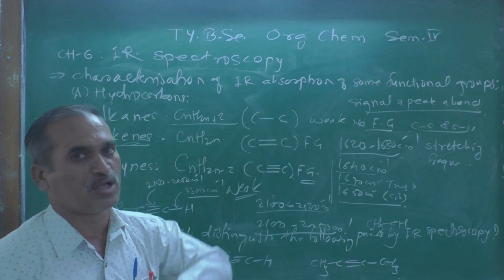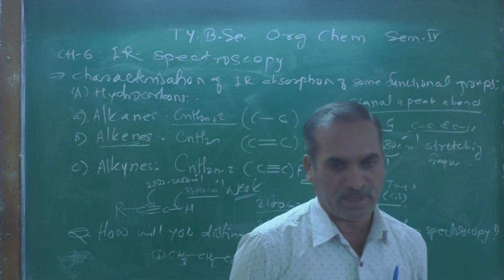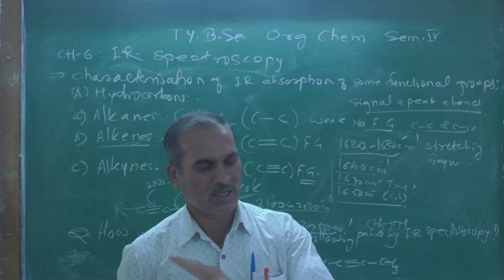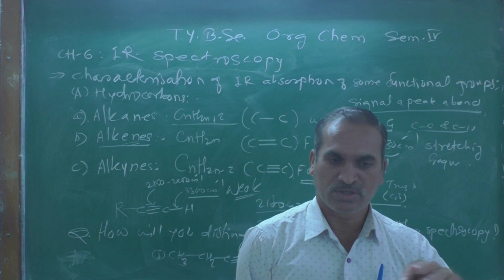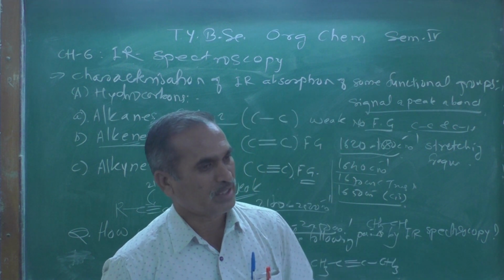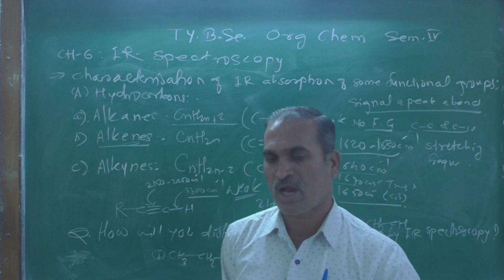And structural isomerism is further divided into types. One, chain isomerism. Second, position isomerism. Third, functional group isomerism. Fourth, metamerism, and fifth, tautomerism.